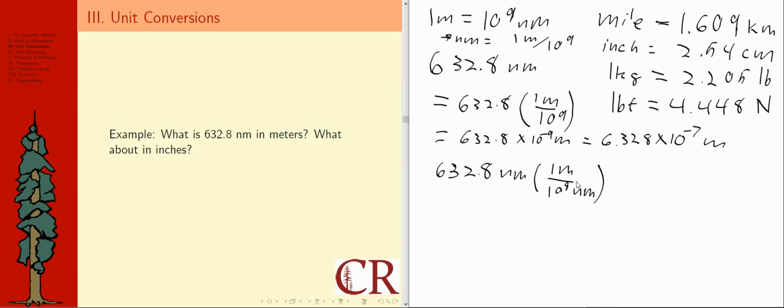I know that this factor is equal to 1 because the numerator is equal to the denominator, and I can cancel the nanometers, just like a variable in algebra. That means the only unit that would survive is the meter, and I'd still have the division by 10 to the 9, which would do basically the same thing as before, and then simplify to 6.328 times 10 to the minus 7 meters.